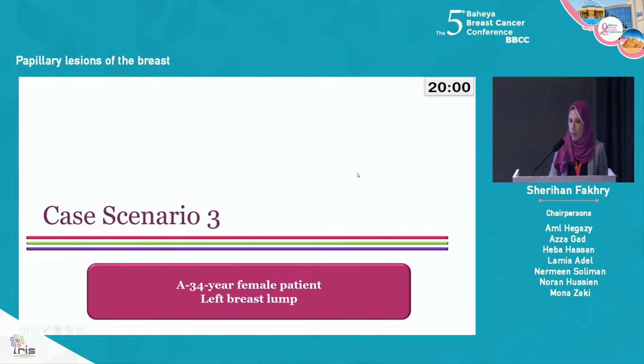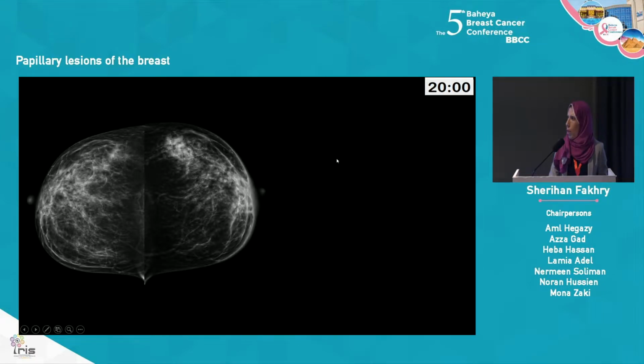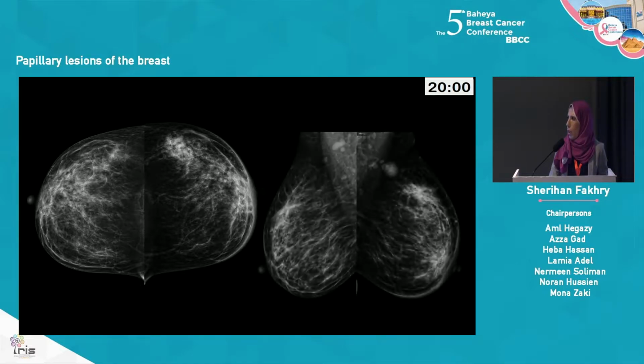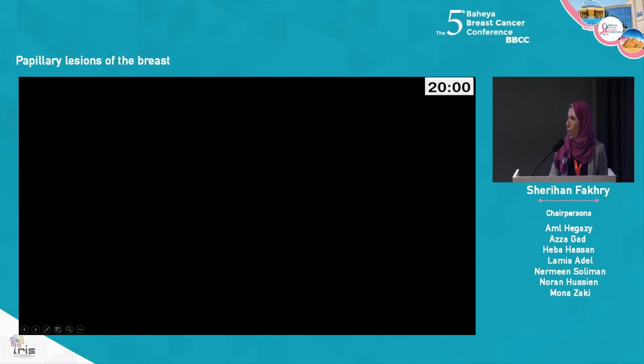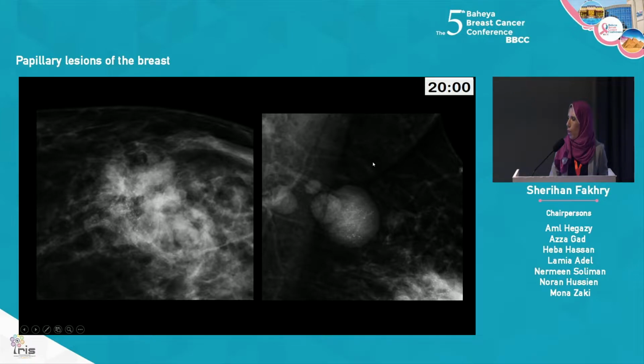The third case is a 34-year-old female patient with a left breast lump. Mammography showed a left breast irregular spiculated mass lesion associated with diffuse skin thickening and pathological axillary lymph node. Magnified images showed calcification within the mass and within the axillary lymph node.